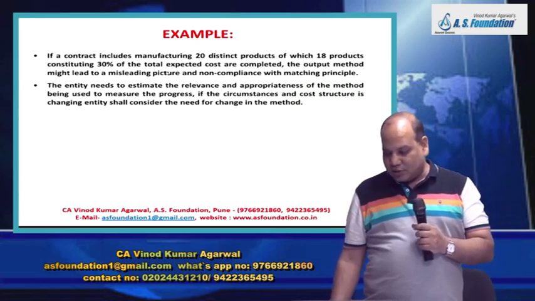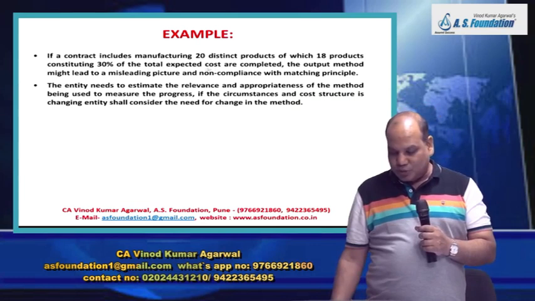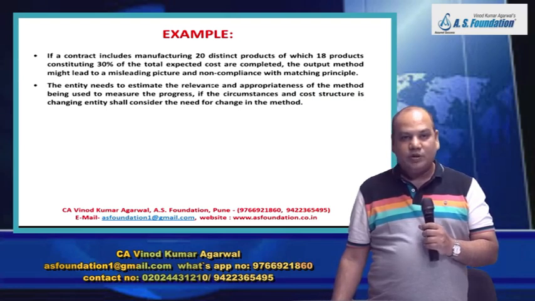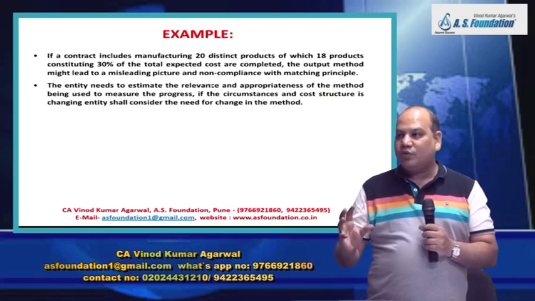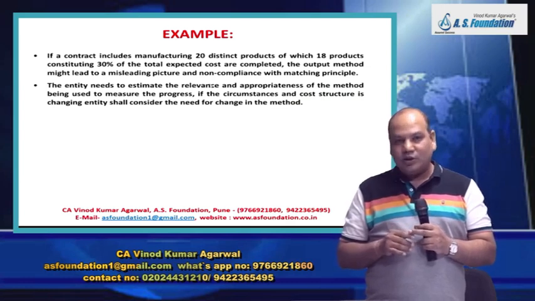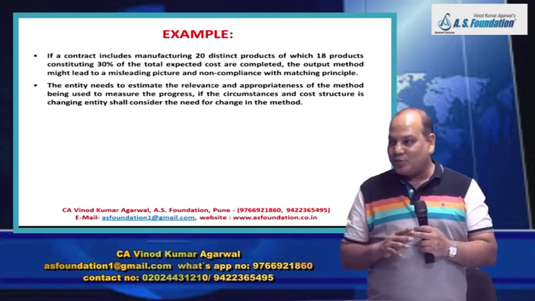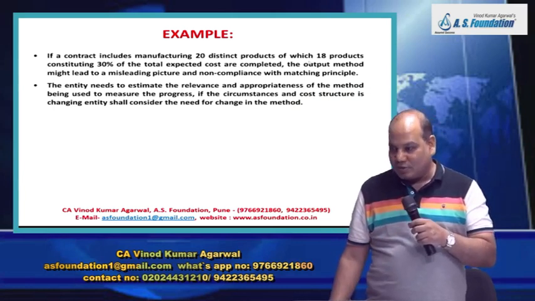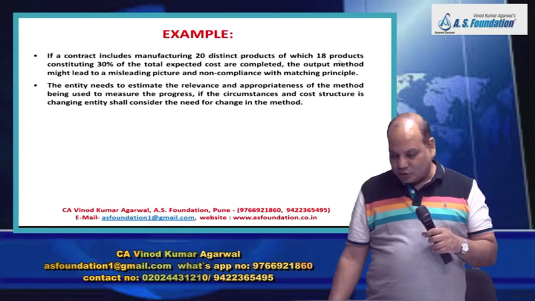So what is the right method of computing the progress? 18 by 20 or 30%? Yes, so here the output method might lead to a misleading picture. There will be a mismatch of cost and revenue recognized. If I use output method, you will say 90% revenue should be recognized. But actually my cost incurred is only 30%. So this will not be used.